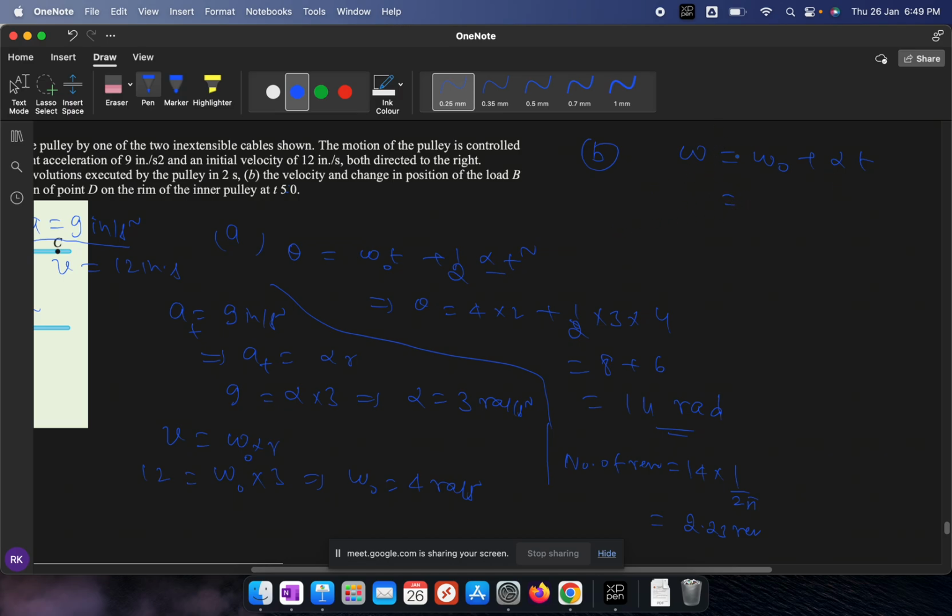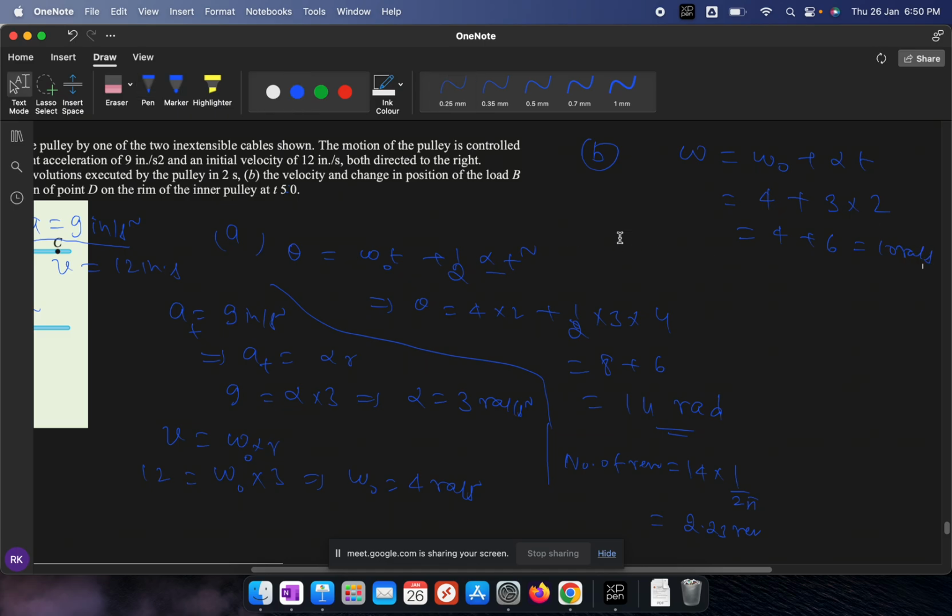So omega naught we already determined, that is 4. And alpha we have determined, so that is 3 into 2, so that will be 4 plus 6, that is 10 radian per second.